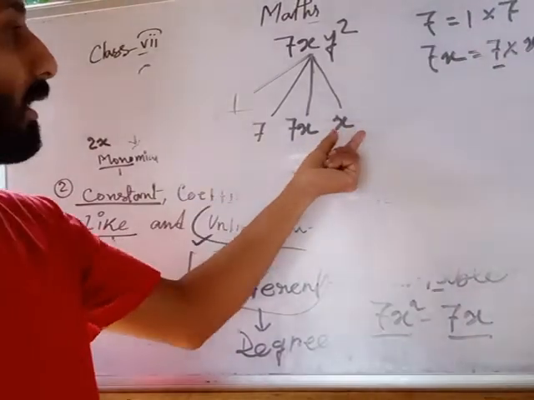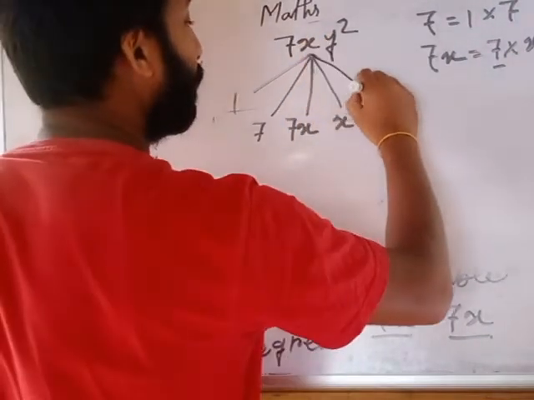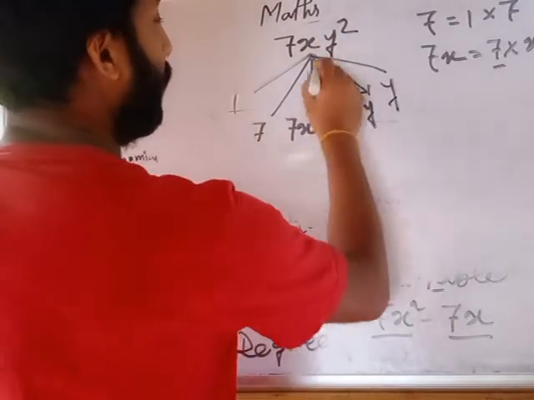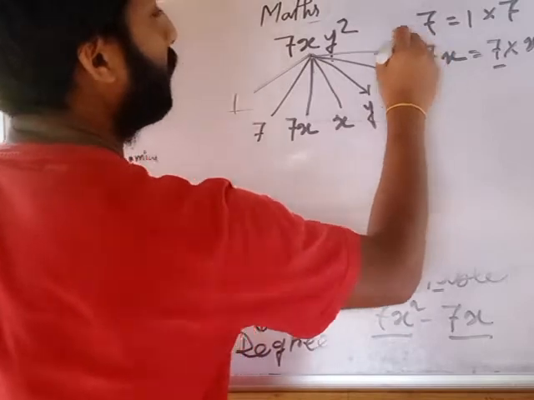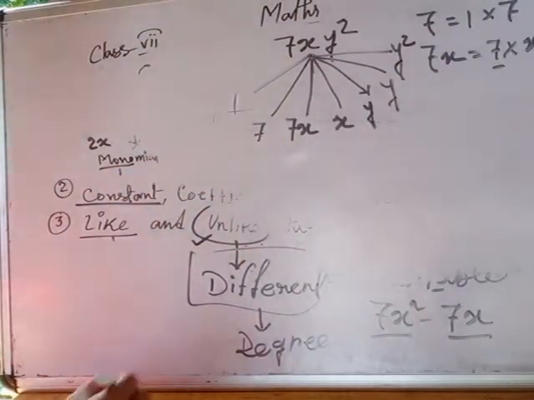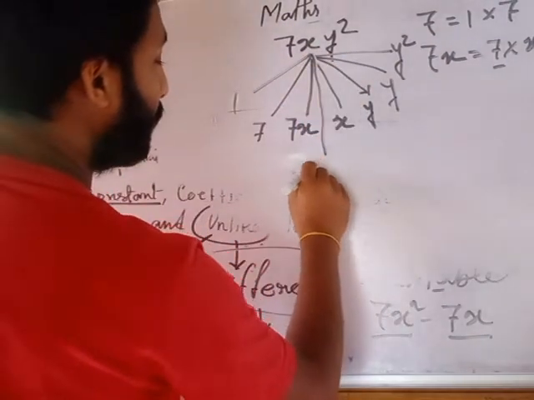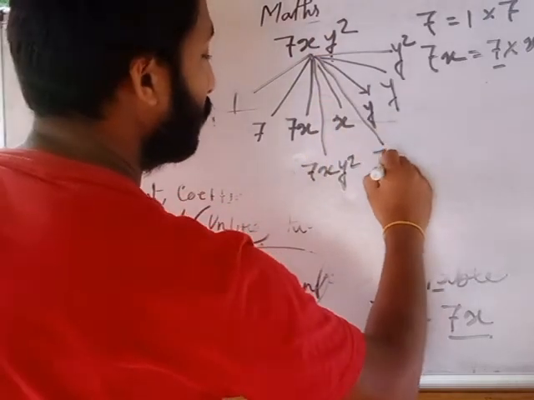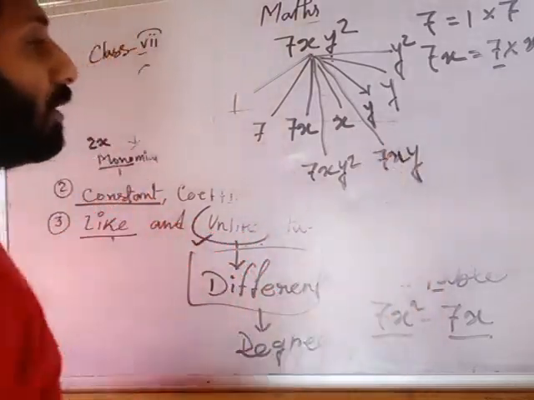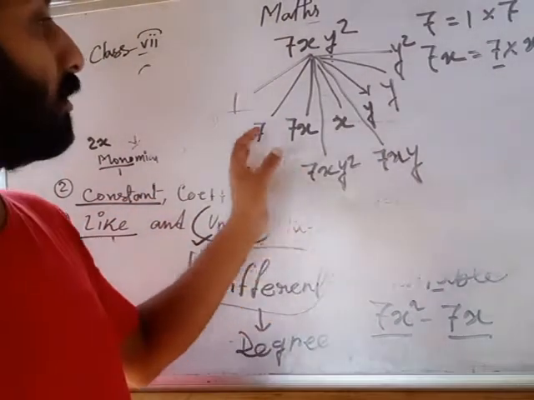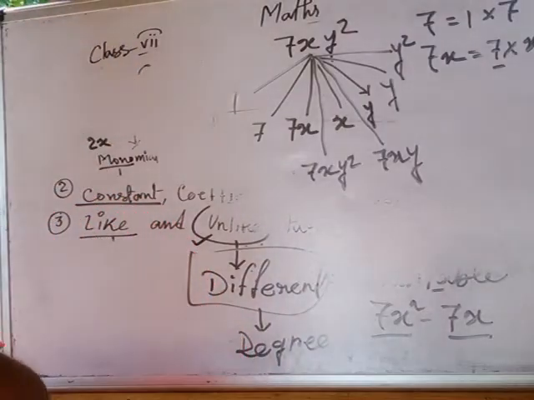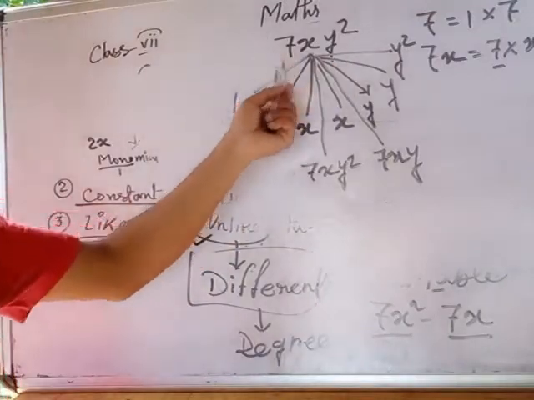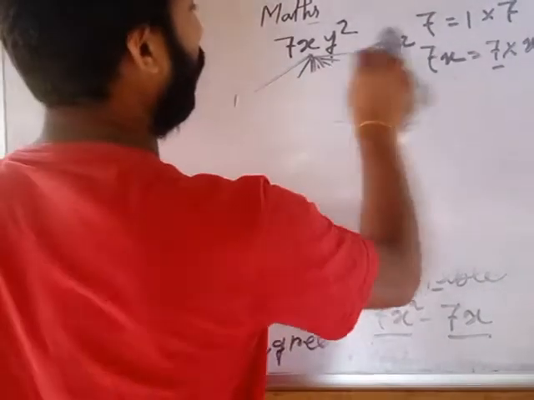So we should write here x and 7x. After that y square, that means y and also y square. And at last I will write here 7xy square and also 7xy. All kinds of possibilities you should write here. Okay, that is called the factor tree method. That is called monomial terms. Factor tree of monomial terms.